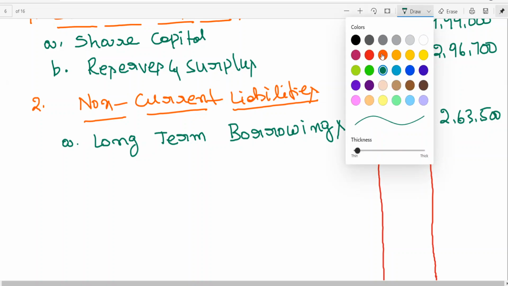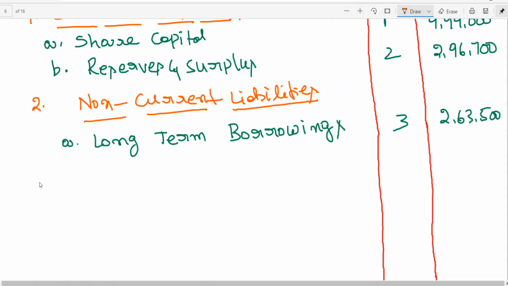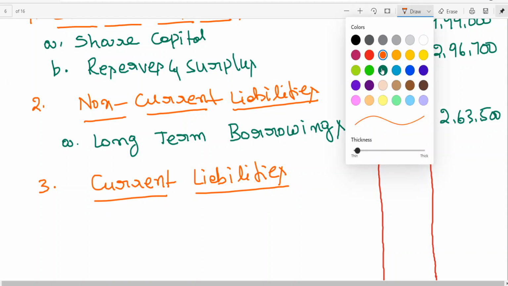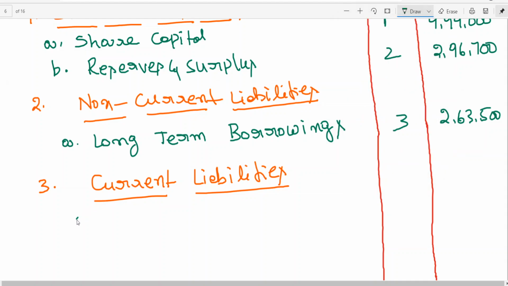Then we'll be going for third, current liabilities. In current liabilities, we have three subheadings.